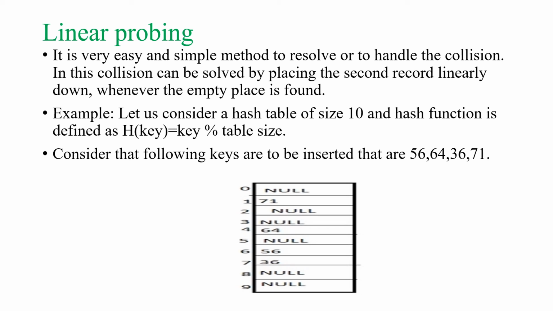Consider the following keys to be inserted in that order. 56 is stored in the 6th position. 64 is stored in the 4th position. 36: again 36 modulo 10 returns the hash value 6, but 56 is already stored in that position, so 36 has to be stored in the next available position, 7. Likewise, when a collision occurs, we search for the next available position until there is enough space or until it reaches the home bucket.